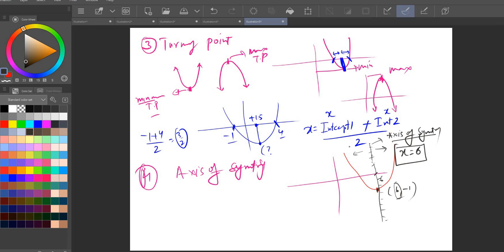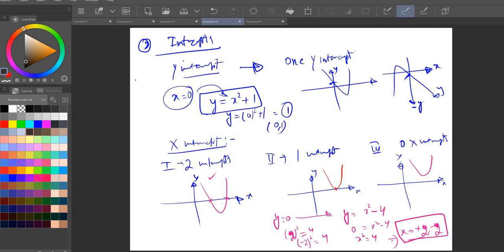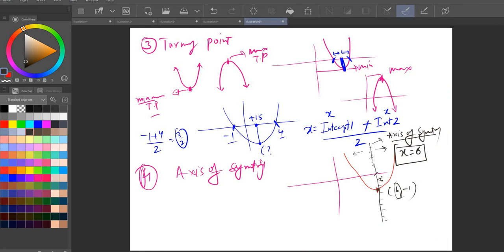So basically 4 features of the graph: the shape of the graph, the intercepts x and y. There's always one y-intercept, and there are 3 different cases for x-intercept. And then you've got a turning point. The x value of the turning point lies exactly in the middle of your x-intercepts. And the last is the equation of symmetry.